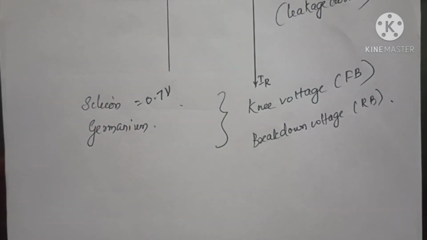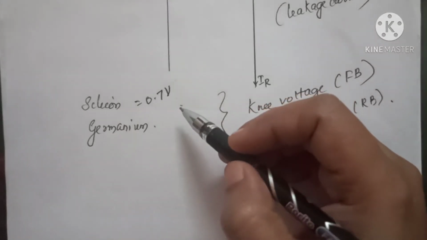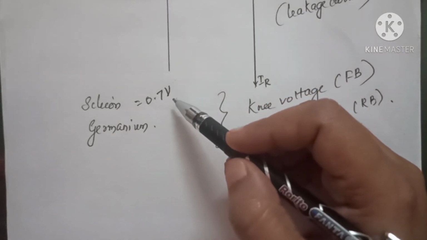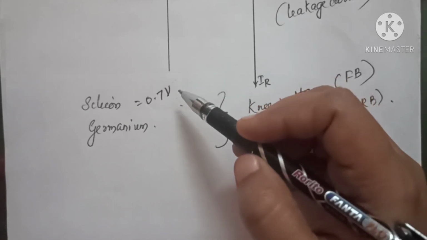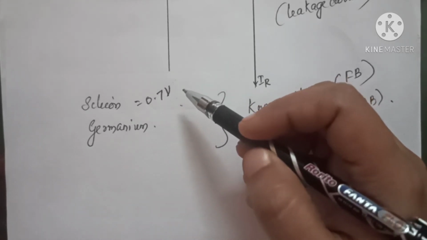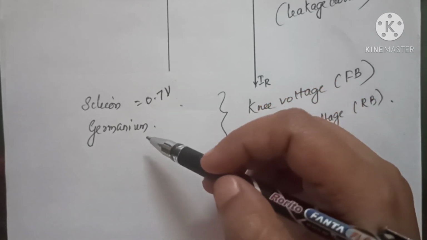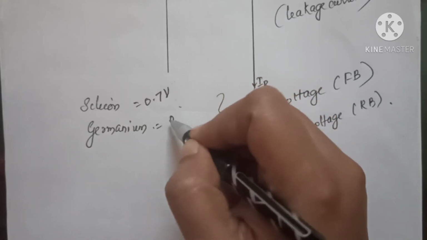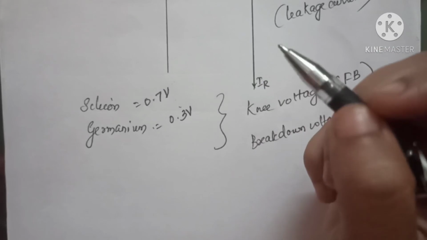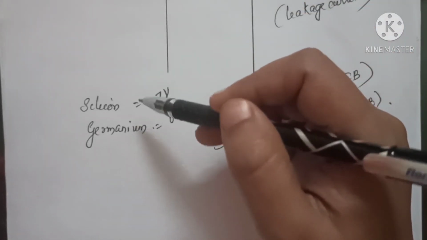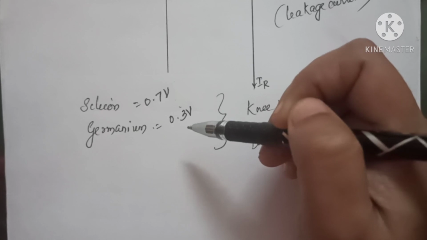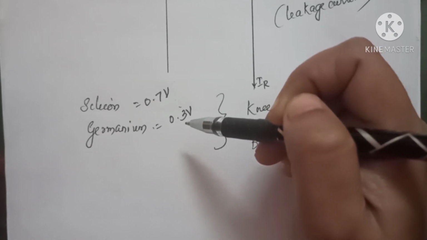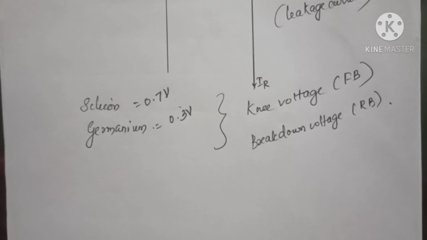This is the knee voltage from which you can view the conduction happening in forward bias. If you are using a germanium semiconductor, the knee voltage is 0.3 volt. Depending upon the various materials we are using, the knee voltage will change. Clear? So that's all about forward bias and reverse bias characteristics. It is very important, so study it properly.